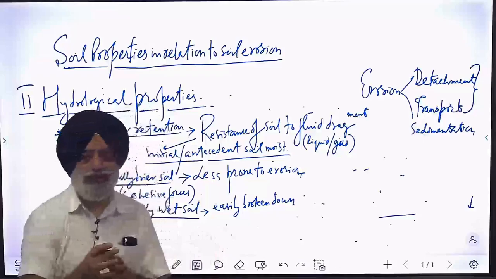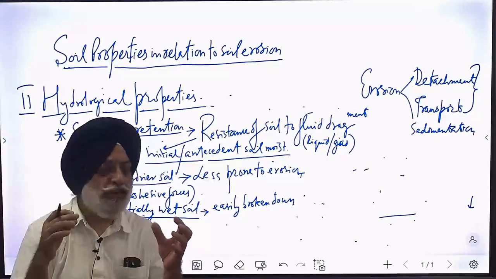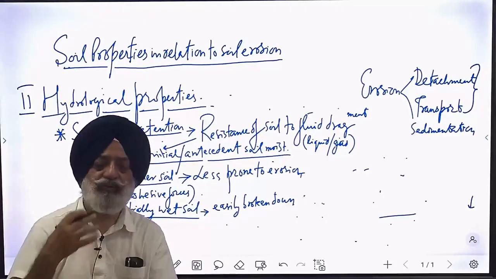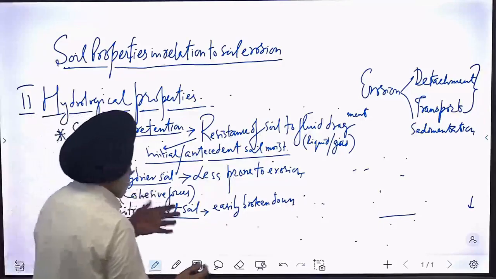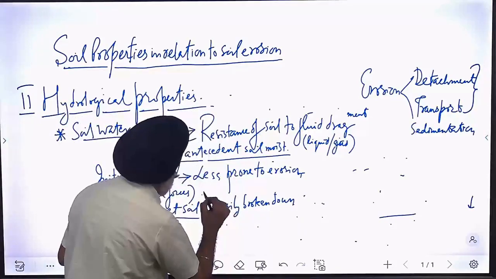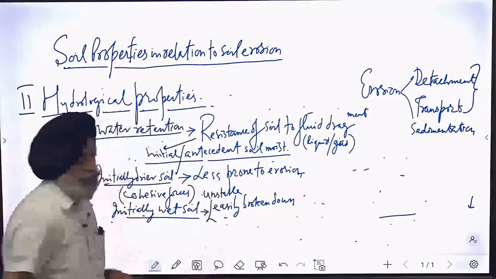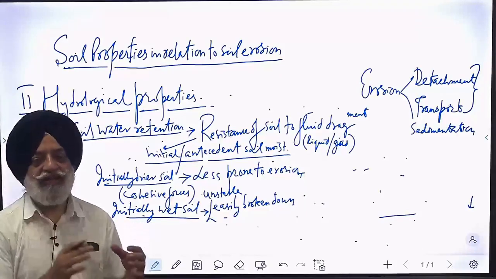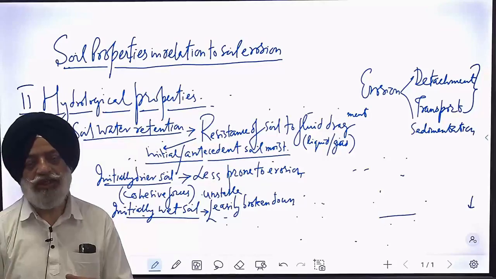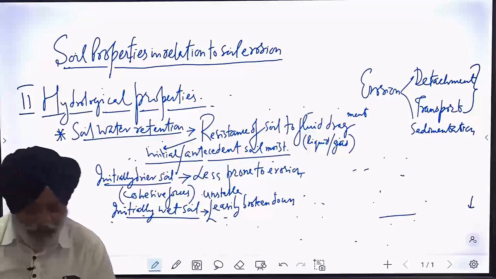Because now the water molecules enter in between the two soil particles, the force of cohesion decreases. So, another force, that is the force of adhesion, comes in between, soil becomes unstable, broken down because it becomes unstable. So, if your soil is initially more wet or moist, it is easy for the raindrops to break such soil aggregates. On the other hand, if it is a dry soil, it is a bit difficult to break the aggregates till the dry soil becomes moist.